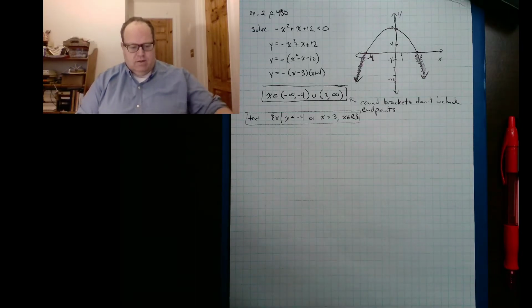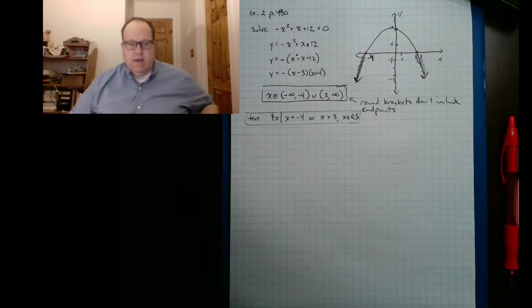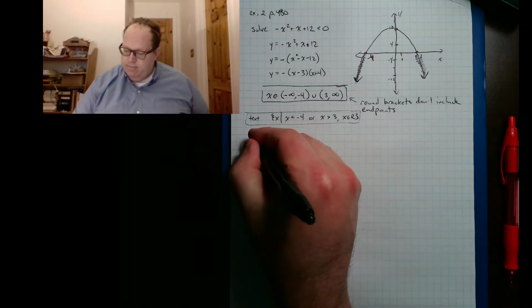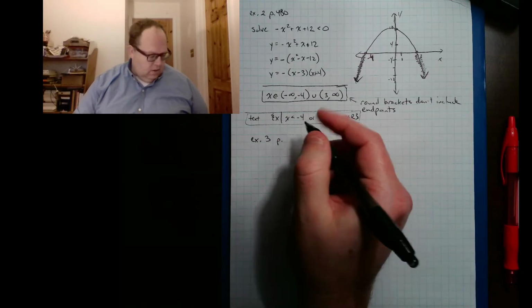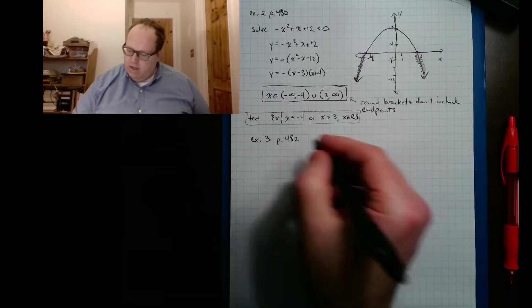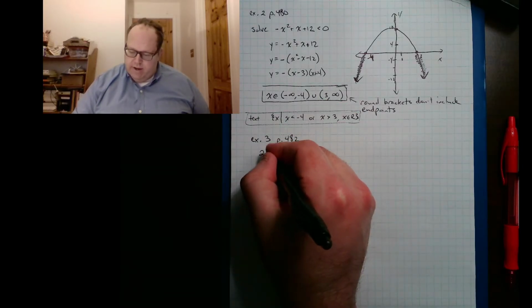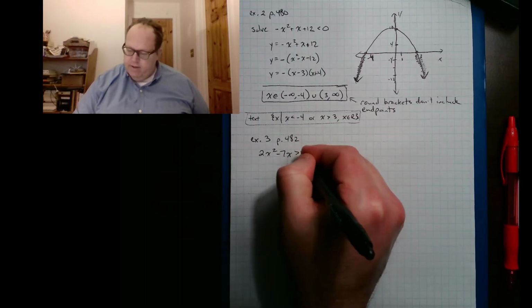Lastly, I'll look at one that doesn't factor quite so nicely, and you've got to rearrange a little bit. So this is example 3 from page 482, where you are looking to solve 2x squared minus 7x is greater than 12.